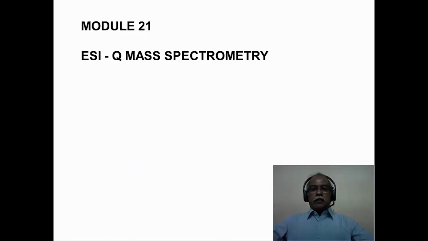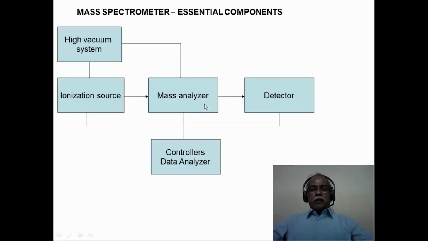Electrospray ionization mass spectrometry as an ionization source and a quadrupolar mass analyzer is a very powerful combination in mass spectrometry. Many modern spectrometers are equipped with this combination as a standard tool for mass spectrometry. Now, in mass spectrometry, generally we have a very high vacuum system.